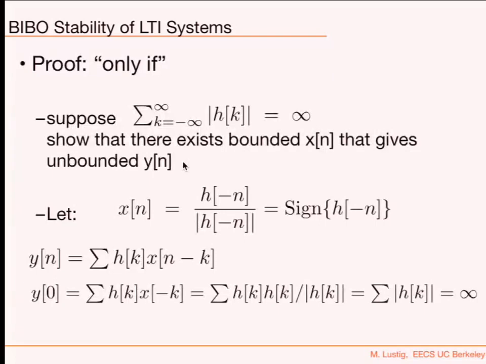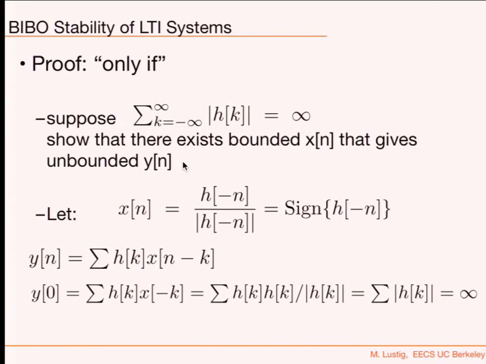Because if I know that the impulse response is not absolutely summable, I want to create some sequence that would absolutely sum it at some point. If it sums absolutely at some point, it's going to go to infinity. Signum is a function that gives you the sign. If I multiply something with its sign, it's always going to be positive, like taking the absolute value. Signum is also bounded.